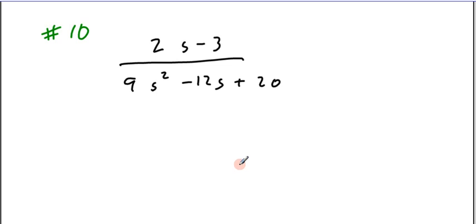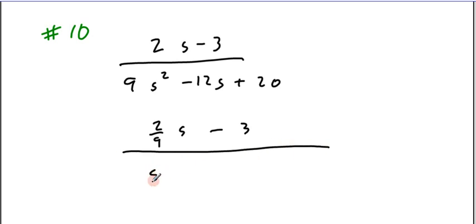Very interesting. Well, I don't like the 9 in front of the s squared, so I'm going to divide everything by 9. 2 over 9 s minus 3 divided by s squared minus 4 over 3 s plus 20 over 9. So that seems reasonable.